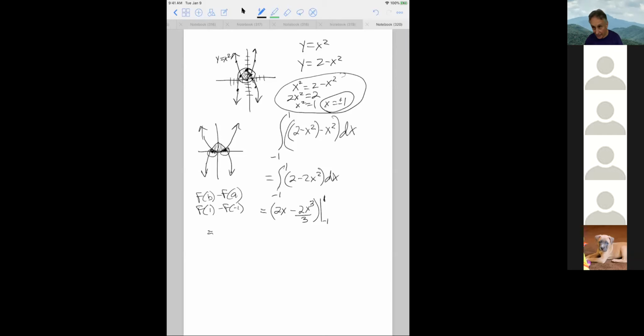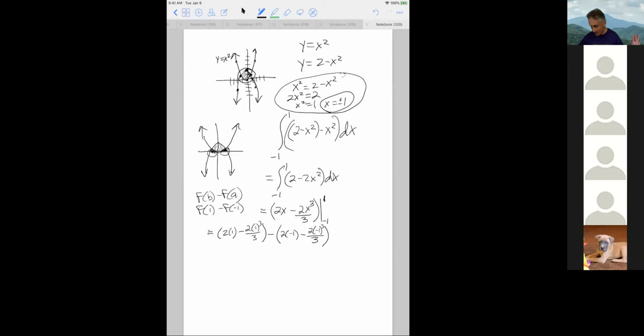You have to keep track of your minus signs, okay? So let's go. Cap F of 1 is 2 times 1 minus 2 times 1 cubed over 3. That's F of b. Then I have to subtract F of a. 2 times minus 1 minus 2 times minus 1 to the third over 3.